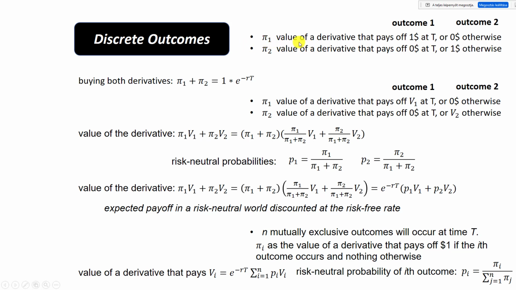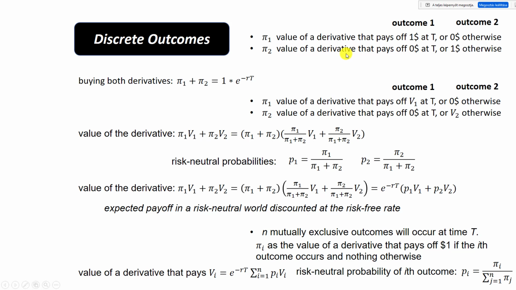So we have one derivative which pays off $1 at time t in case of outcome 1, and in case of outcome 2, which is the other sole possible outcome, we get nothing. And the value of this thing is p1.